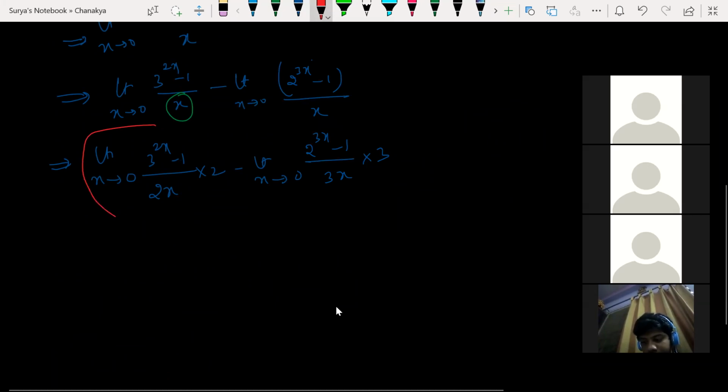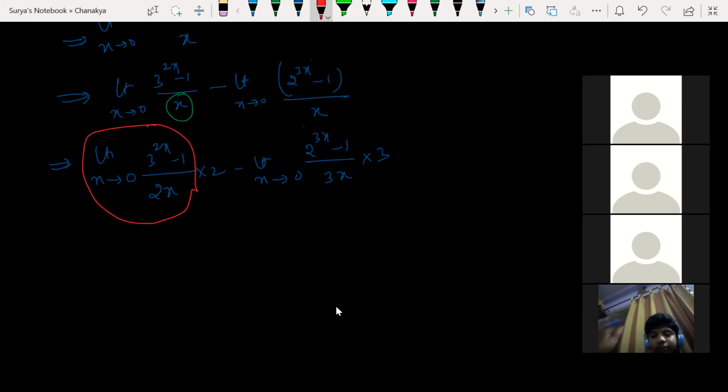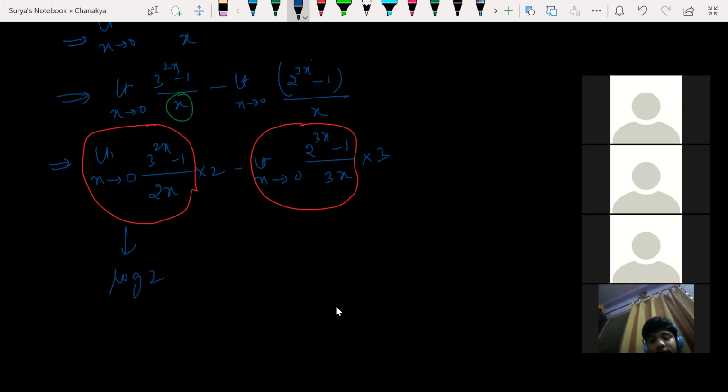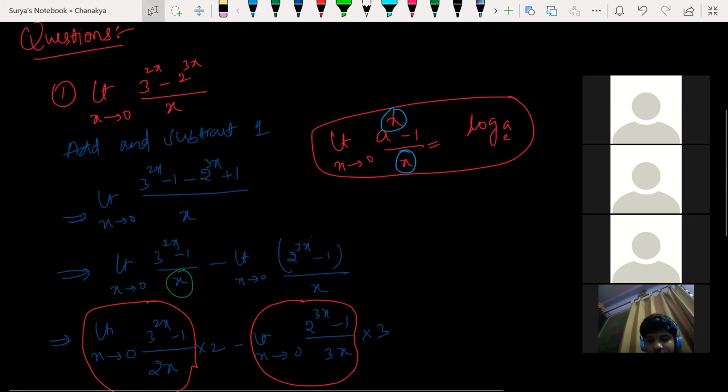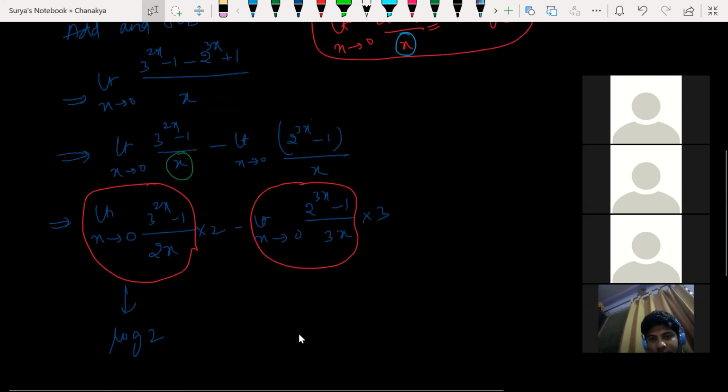If I multiply and divide with the 3, now it becomes in the form of the formula. Look at this. Now, can I write it as log a, look at this, log 2, isn't it? Yes or no? Look at this here. Log a base, this is my formula, isn't it? So log 3 here. So a is what here? 3.